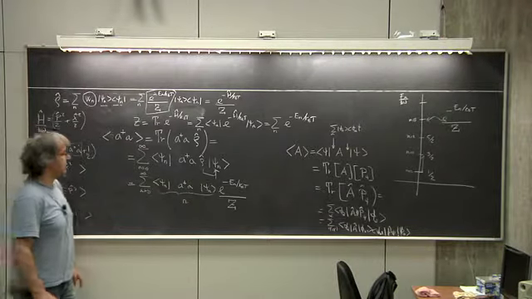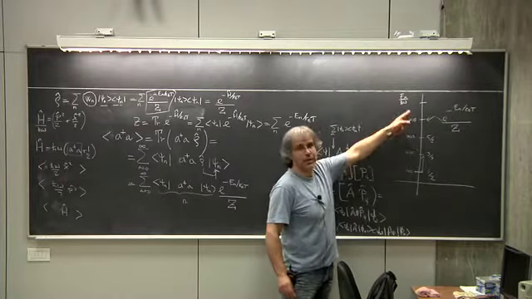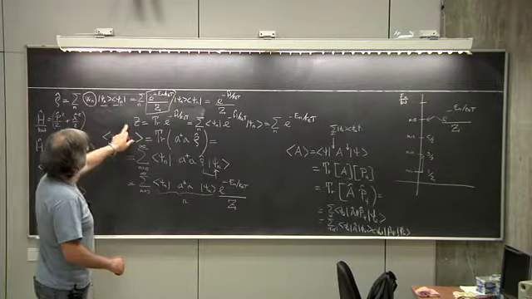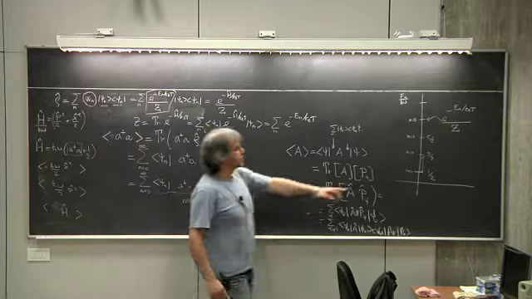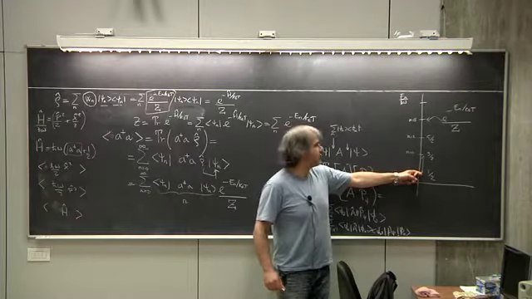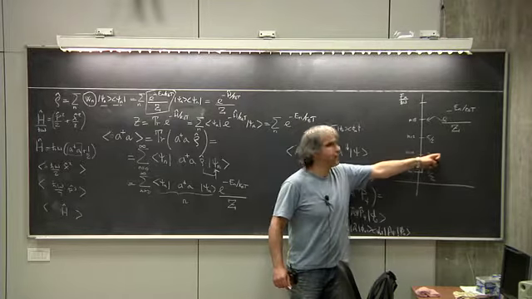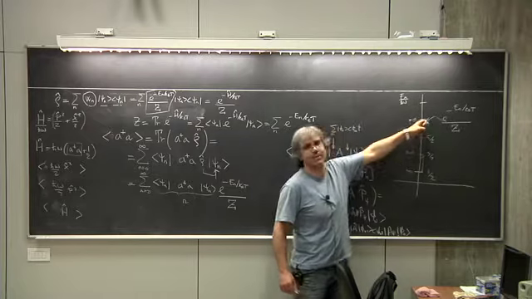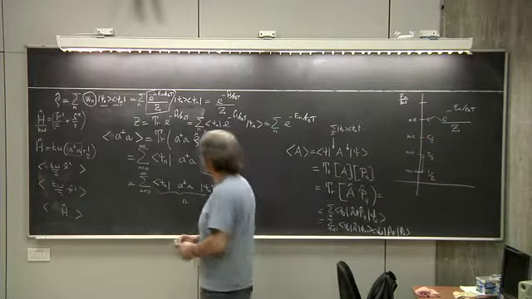So it is, for instance, 0 here, 1, 2, 3, and so on. The average of this operator is 0 times the probability of staying there, plus 1 times the probability of staying there, plus 2 times the probability, plus 3, and so on. So it's a very simple sum that I have to do now.